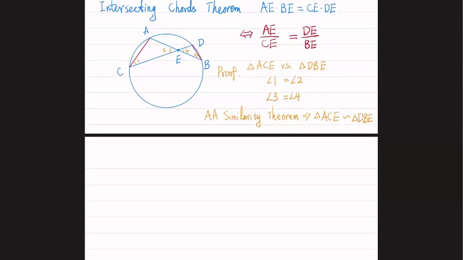From there, we see that the corresponding sides have the same ratio: AE over CE equals DE over BE.